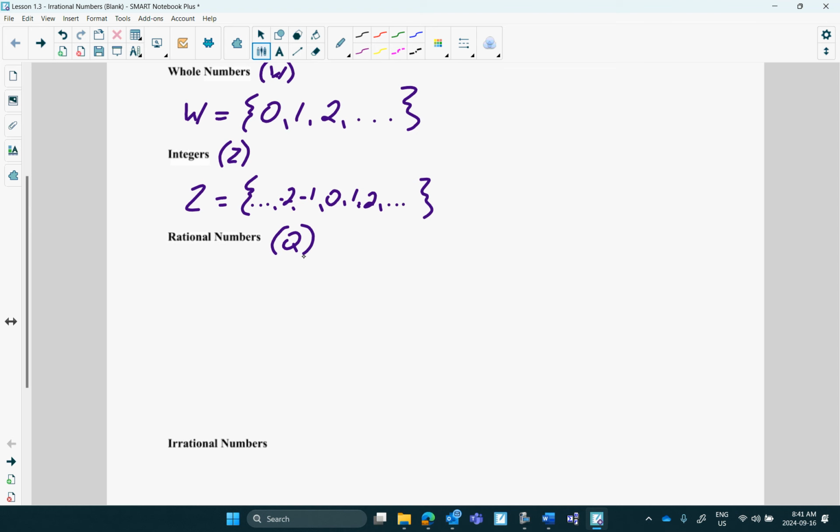So a rational number is any number that can be written as a fraction.